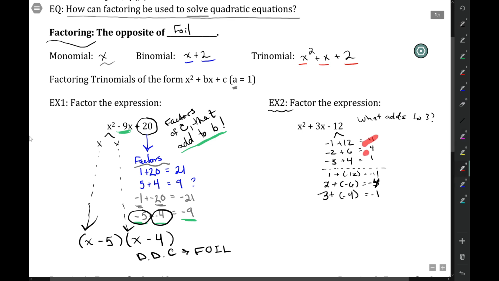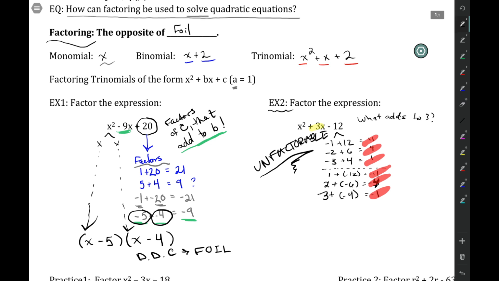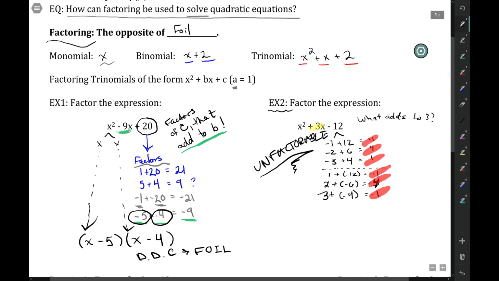None of these add to our 3, and in this case it is unfactorable. Now be careful. Make sure you try all of the cases and don't just write unfactorable right off the bat. So be sure to try the cases beforehand. Again, factors of c that add to b.